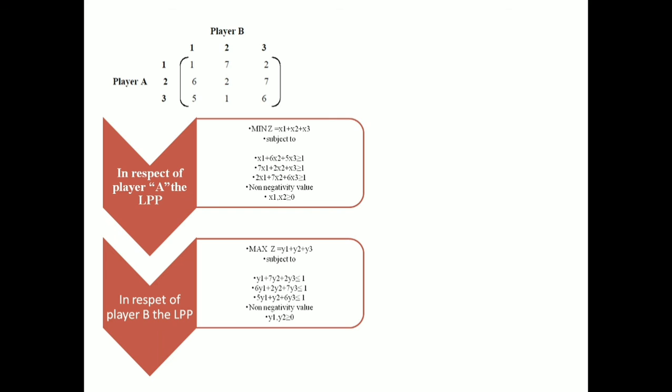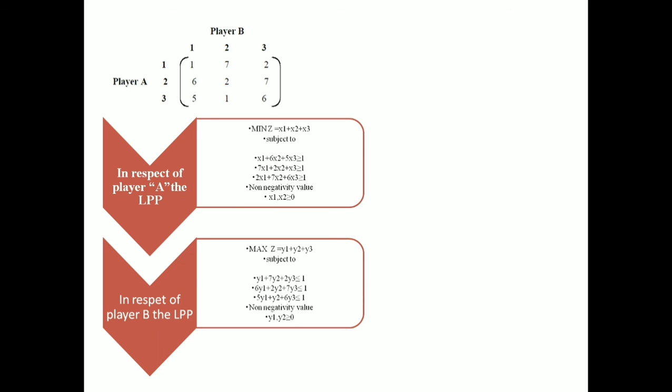When you take the second player, B, you take the values as y. The first one is a minimization objective function, and the second one is a maximization objective function: max z equals y1 plus y2 plus y3.